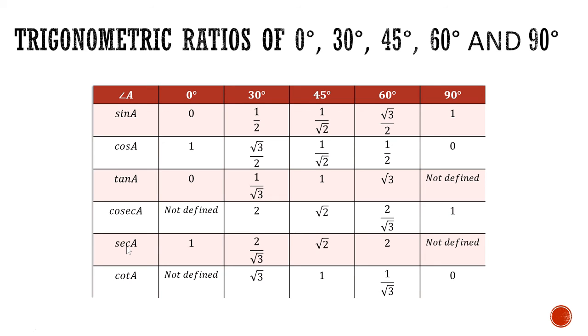Similarly, as you can see here, sec will be the reciprocal of cos, and cot will be the reciprocal of tan. So these are the values which we just calculated by considering the specific angles 0, 30, 45, 60 and 90. I hope you understand how we derived all these values of the trigonometric ratios.